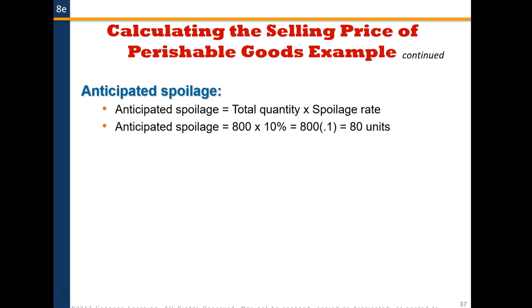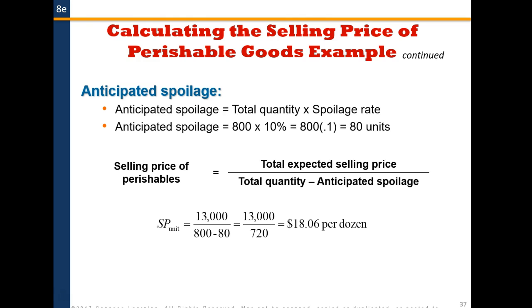Then we have to do the anticipated spoilage. The anticipated spoilage is the total amount times the spoilage rate. So of 800 dozen roses, 10% are going to be spoiled. So that's 80 units or 80 dozen roses.